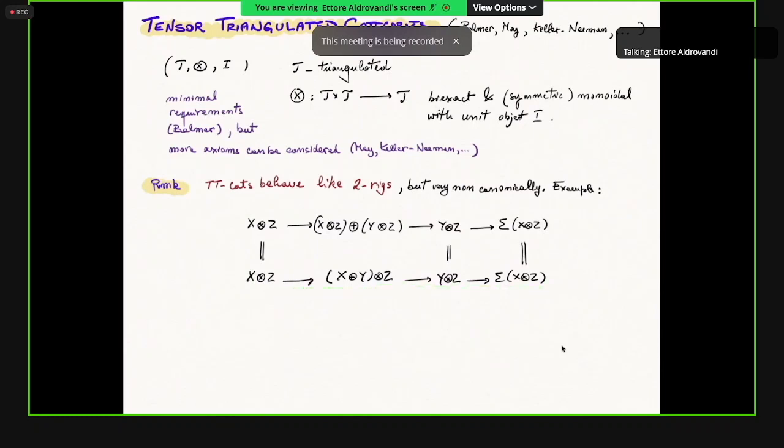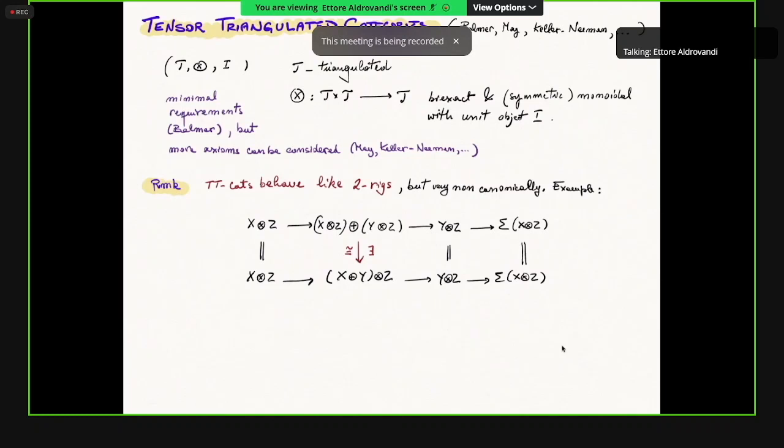Now, the usual axioms of a triangulated category say that indeed you can find a morphism here, which is in fact an isomorphism, and unfortunately is very highly non-canonical, because cones in triangulated categories are notoriously problematic.